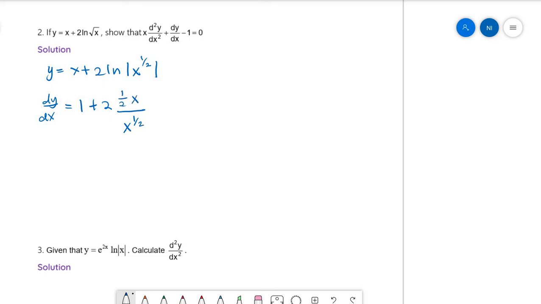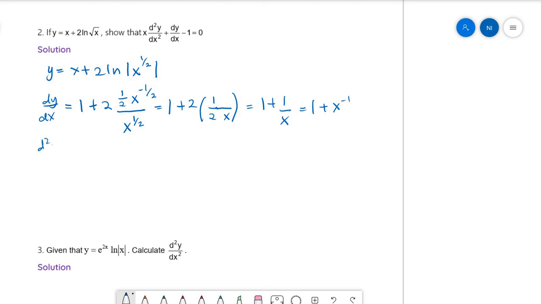So it is 1 plus 2 times 1 over 2 times x to the power of negative half over x to the power of half, which equals 1 plus 1 over x, the same as 1 plus x to the power of negative 1.